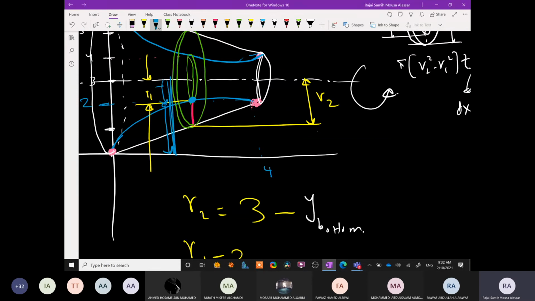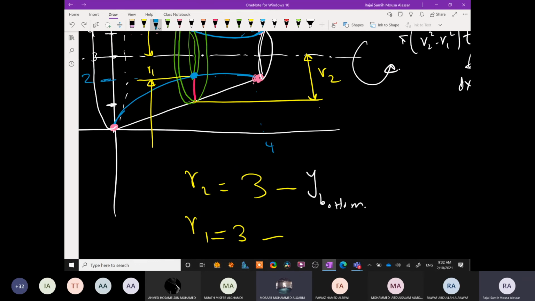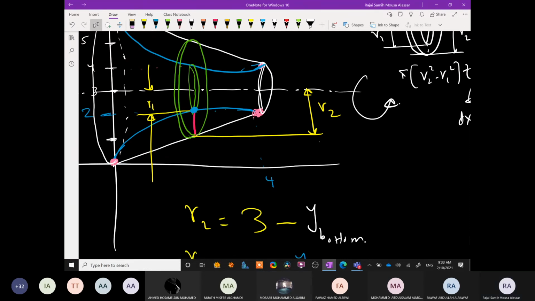And this whole thing from here to here is 3, yes? So what is R1? 3 minus the upper function, the top function. Do you understand this?